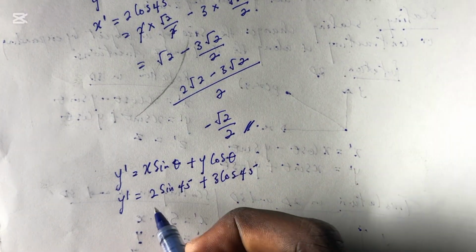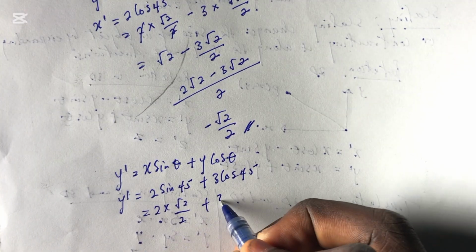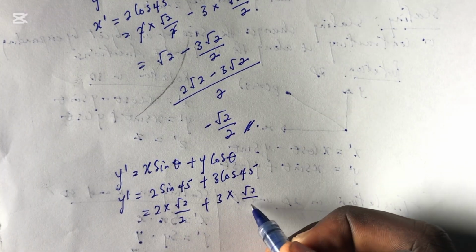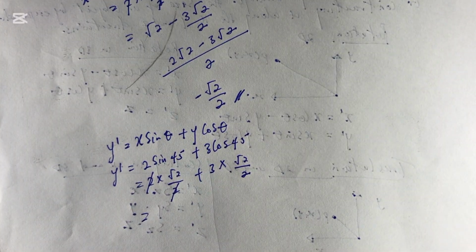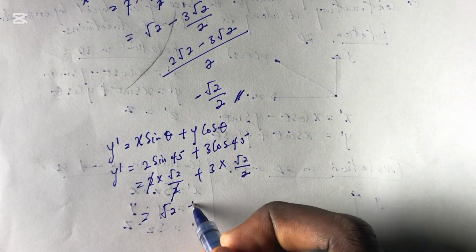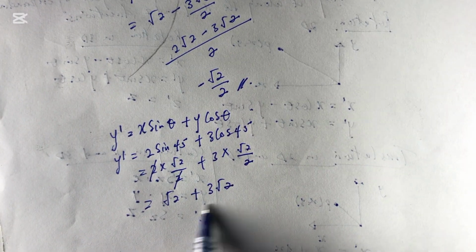So this is 2 times root 2 over 2 plus 3 times root 2 over 2. The 2 can cancel here, and the 2 can cancel here. Then we are left with 2 root 2 plus 3 root 2.